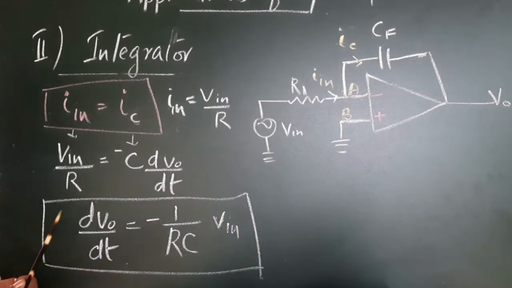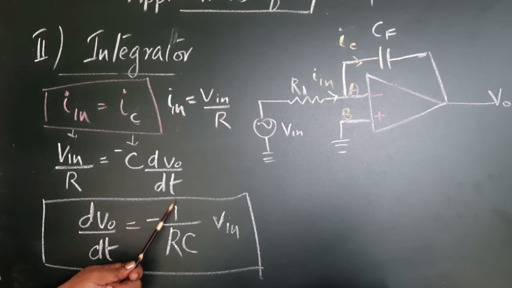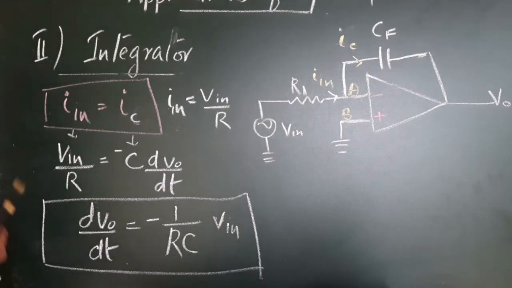You can see that the rate of change of output voltage is equal to minus 1 by RC Vin. So let us integrate this equation and get an expression for V out.